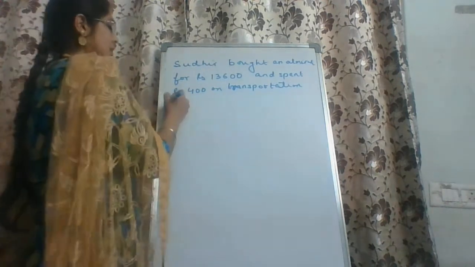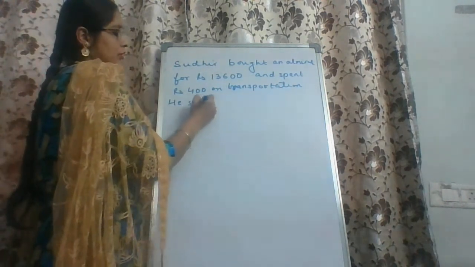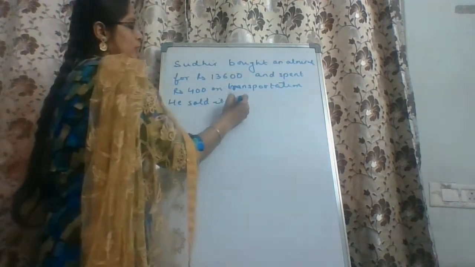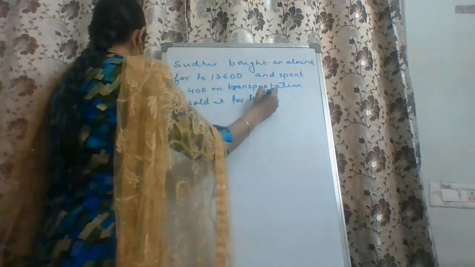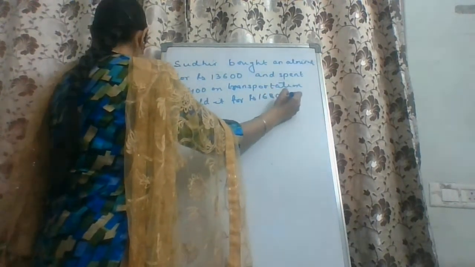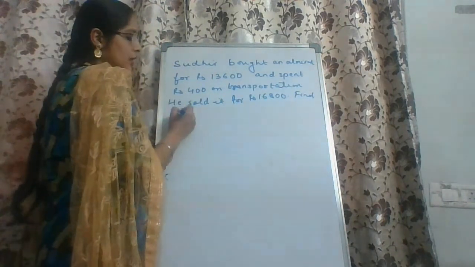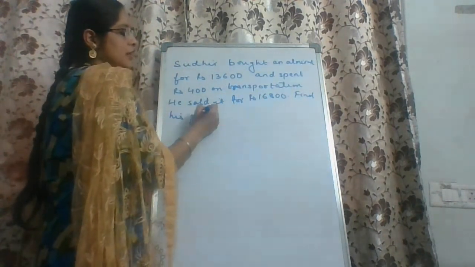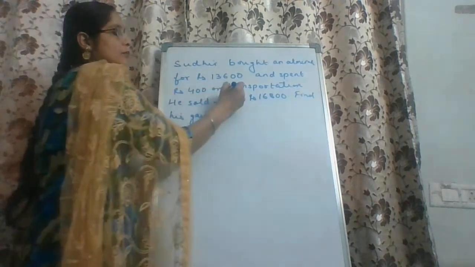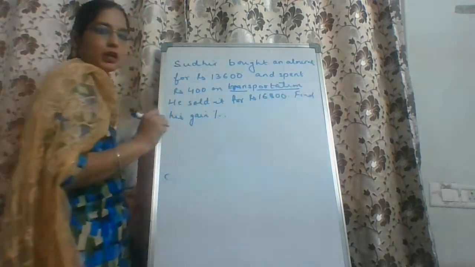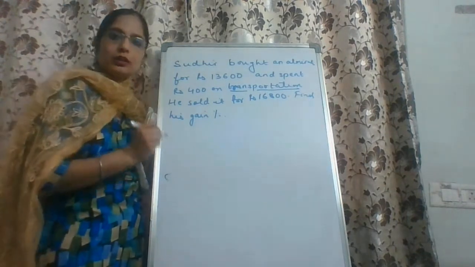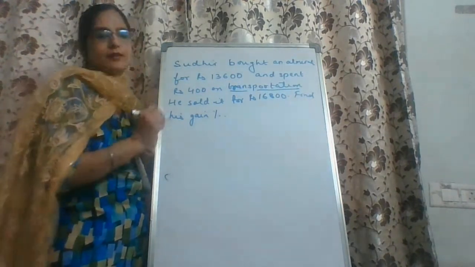He sold it for rupees 16,800. Find his gain percent. Another thing to note is overhead expenses like money spent on transportation is calculated on the cost price only.